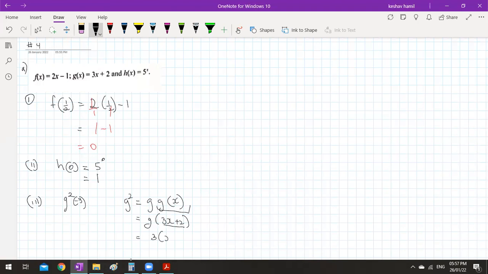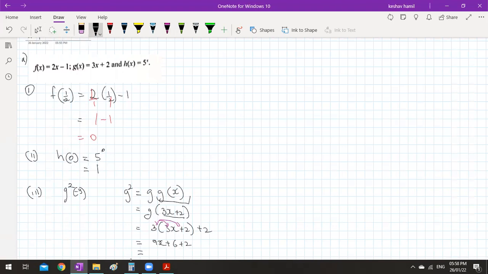So the 3x plus 2, close bracket, plus 2. And to expand the brackets, you multiply by each term in the bracket. So we have 3 by 3 is 9x plus 6 plus 2.